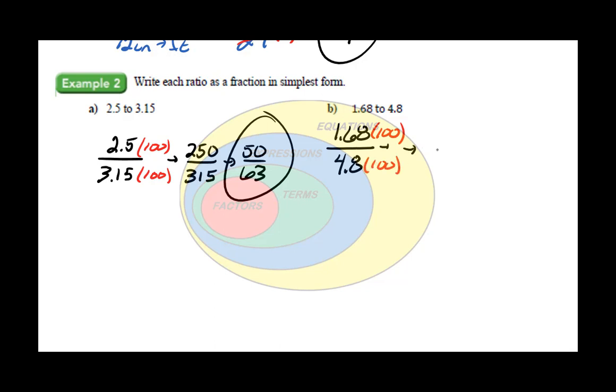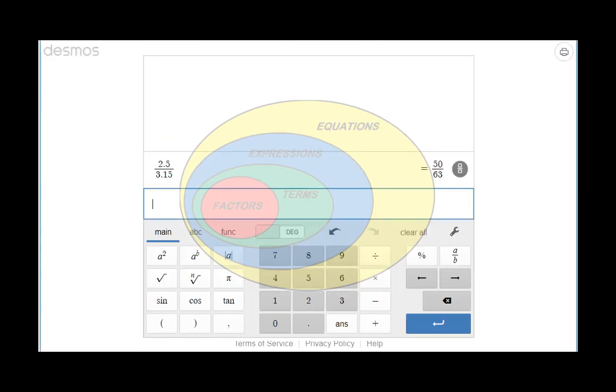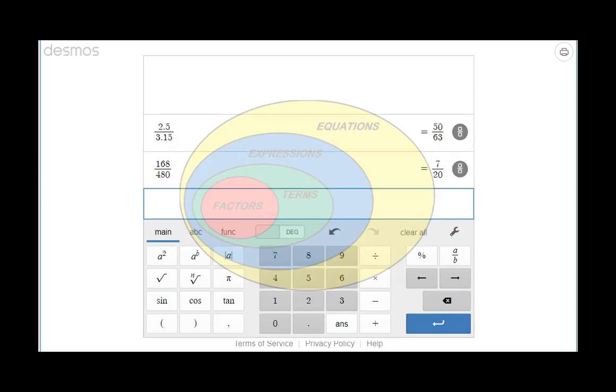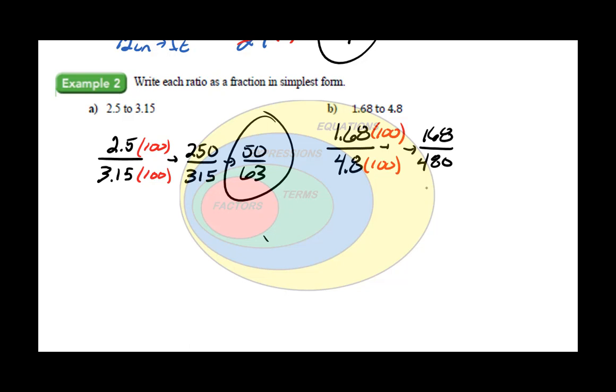So this would be the same as a ratio of 168 over 480, moving the decimal place two places to the right. If we simplify that, let's go back to our calculator and plug in 168 divided by 480. Again, it gives us a decimal, but we can also change it to a fraction. It'd be 7 over 20. So this would be the same as a ratio of 7 to 20.